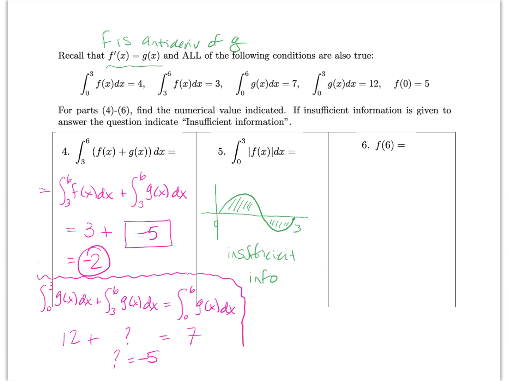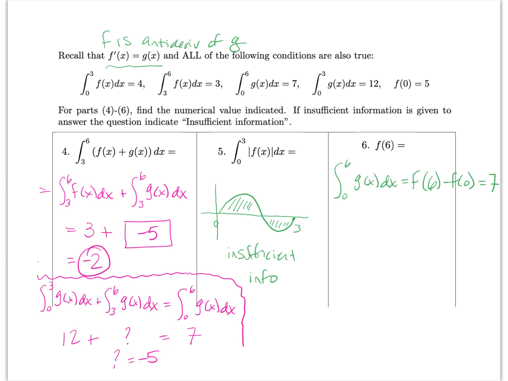If I want f of 6, I could use one of these integrals that has 6 as a bound, with g in it. So maybe I'll use this one, the integral from 0 to 6 of g of x dx. If I use the fundamental theorem, I could use an antiderivative of g, which would be f, and I would do f of 6 minus f of 0, and I know that that's going to equal 7 because I know the value of the integral already.